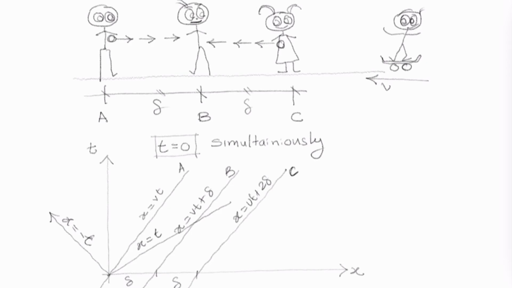This is the trajectory of the light ray sent by C towards B. Since this light ray is parallel to x equals minus t, it has to be of the form x equals minus t plus some constant. Let's call it alpha.